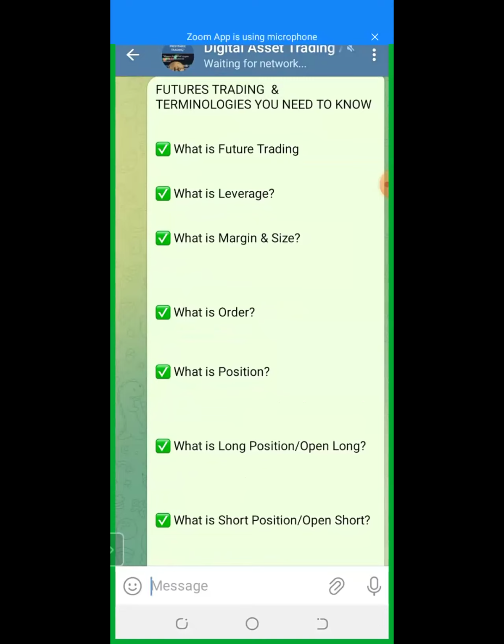Compared to spot trading, we are going to see one of the advantages of why futures trading is far more beneficial, more rewarding, more profitable than spot trading.